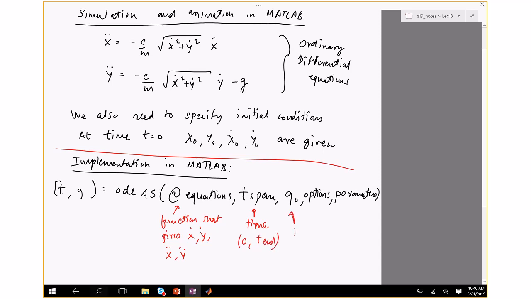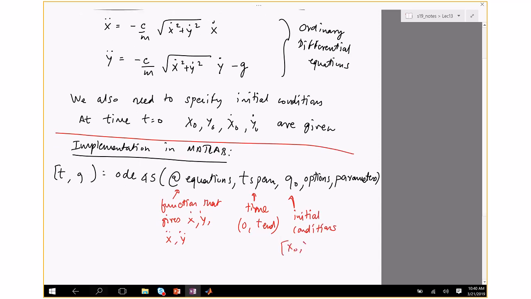Q is the initial conditions, so this will be an array: x0, x0 dot, y0, y0 dot. I always like to put it in that order. These are tolerances, and these are additional parameters. An example would be C, M, then G. And so those are the inputs.